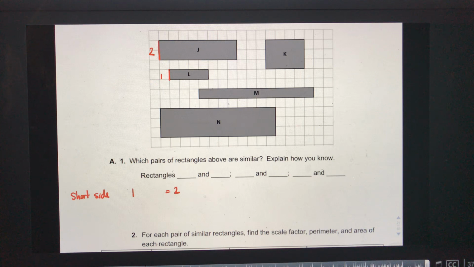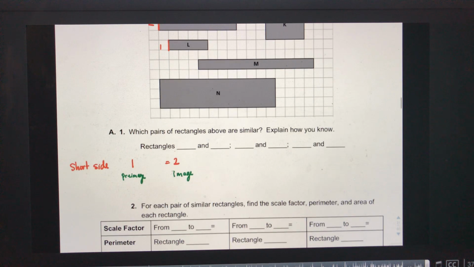So I need to figure out what the scale factor is. This is my pre-image, and this is my image. So I'm going to check to see my scale factor. If my scale factor works, it doesn't mean that I found a similar shape. I have to check the long side also.